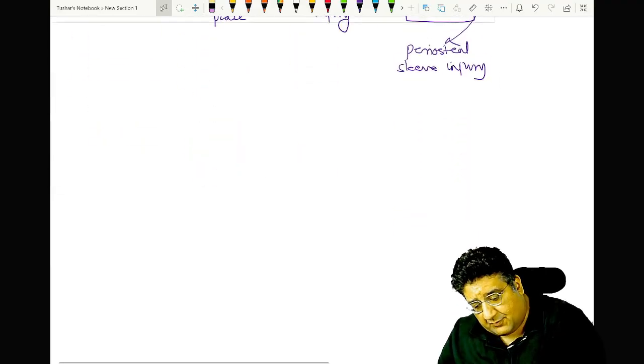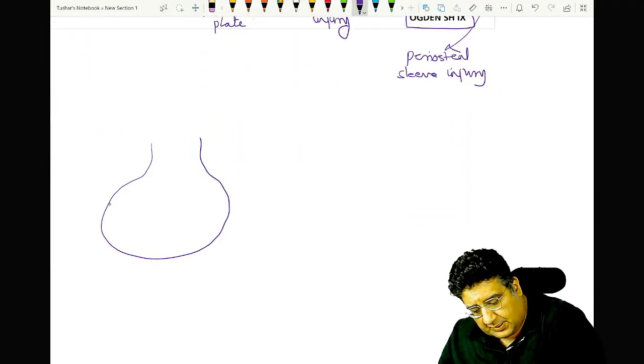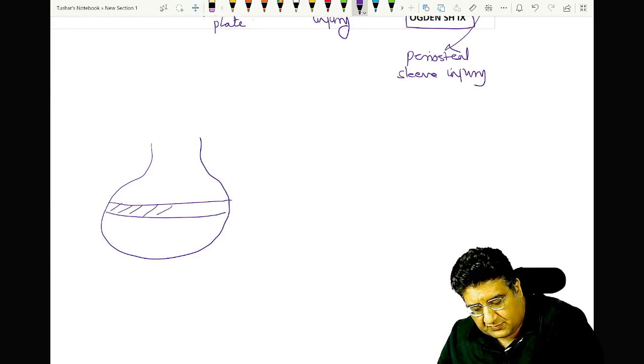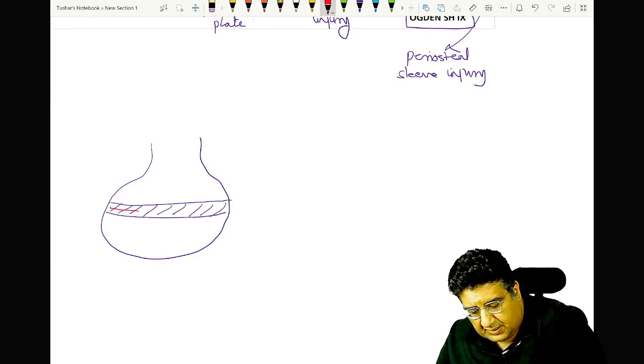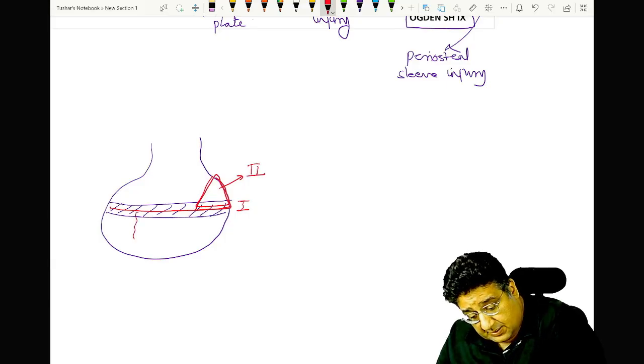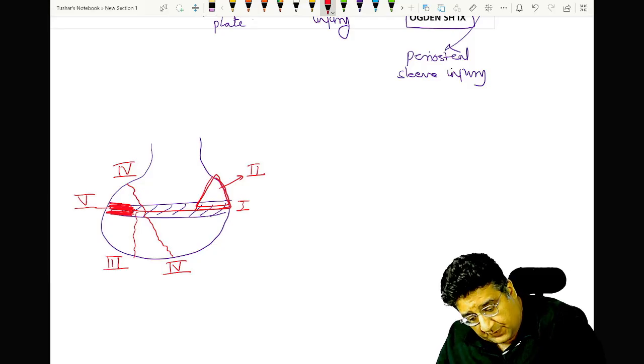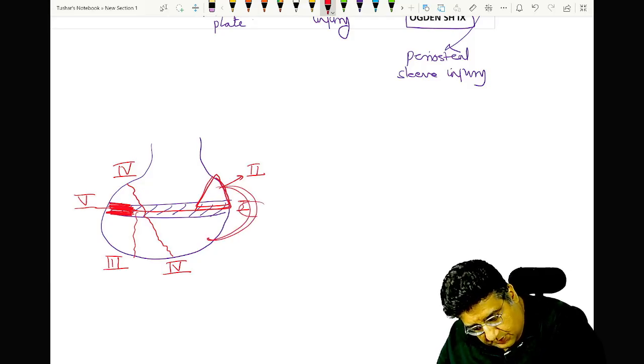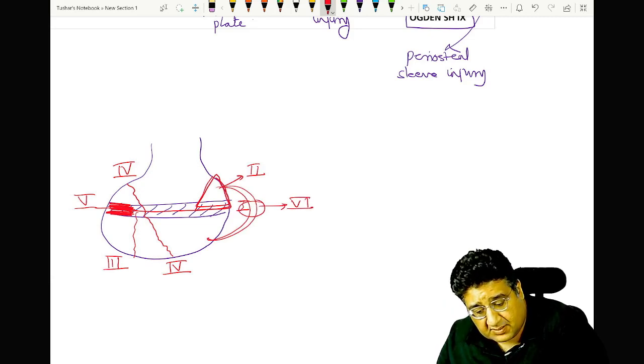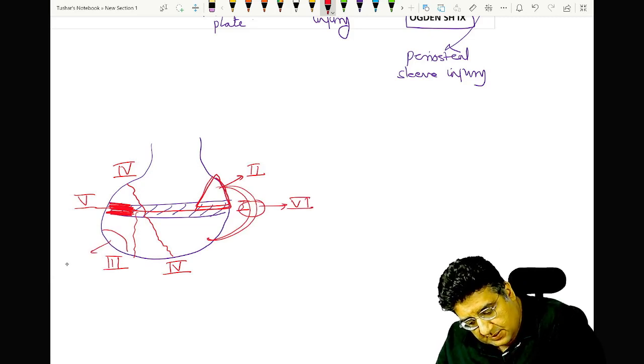So, to do a quick recap with all of you, recap at the end of the topic is very important. What you see here is type 1, what you see here is type 2, what you see here is type 3, what you see here is type 4, what you see here is partial crushing type 5, what you see here is type 6, what you see here is type 7.